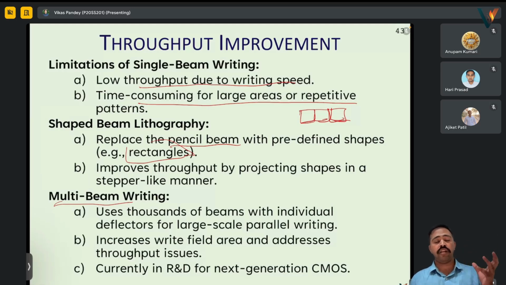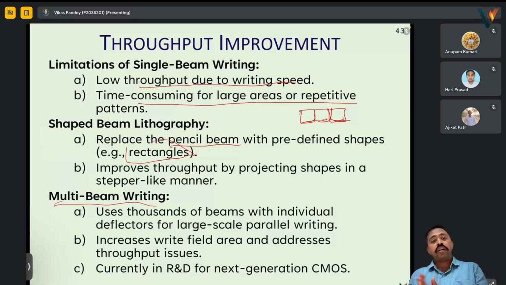Nowadays we have OLEDs, and specific areas where we want the patterns can be switched off. If we have a multiple array of electron beams, we can switch off those parts where we don't want the pattern, and switch on other areas, and as such we will have one large area being exposed at once. This is currently in R&D, and it might be implemented in next generation CMOS.